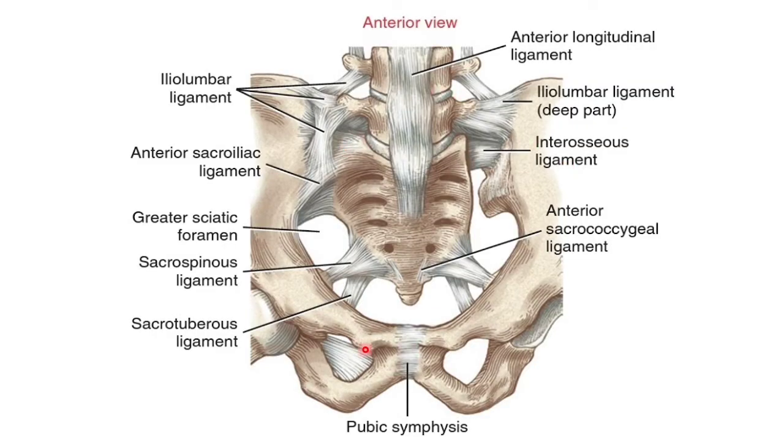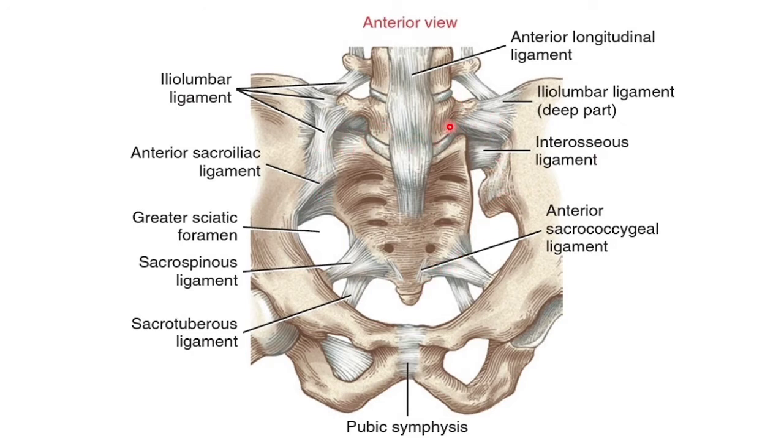So these are the ligamentous structures: the iliolumbar ligament as well as the anterior sacroiliac ligament, sacrospinous ligament, and the sacrotuberous ligament. All these ligaments provide primary restriction to motion and prevent dislocation or any issues at the sacroiliac joints.